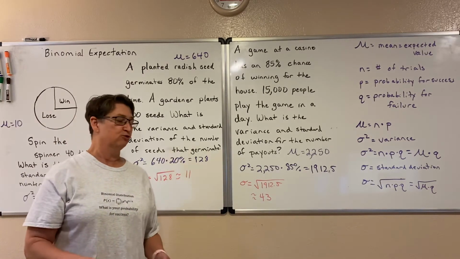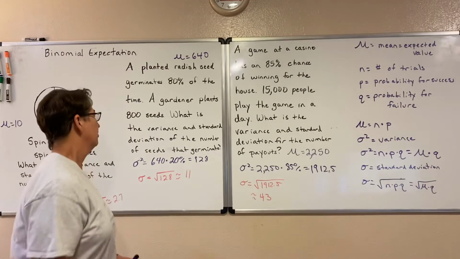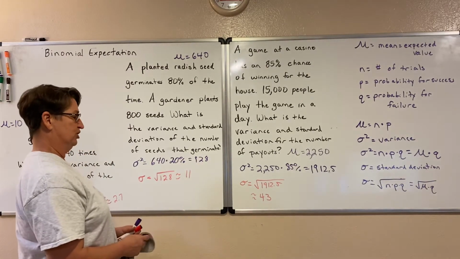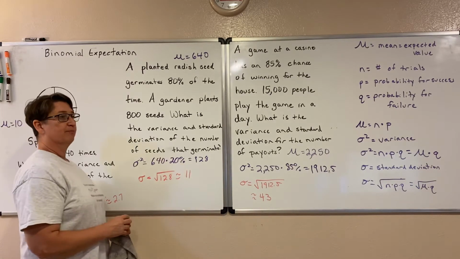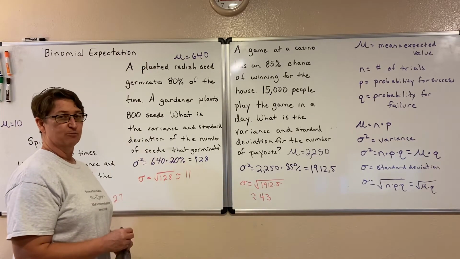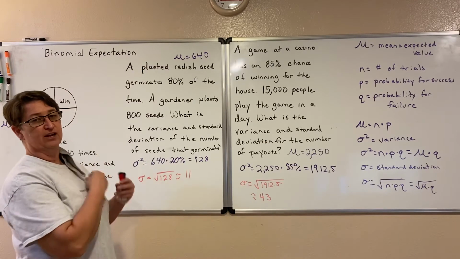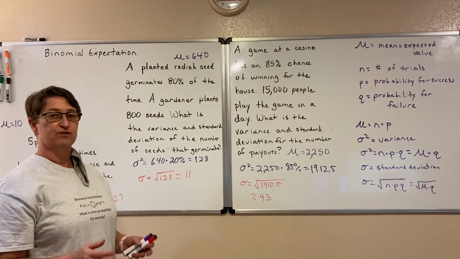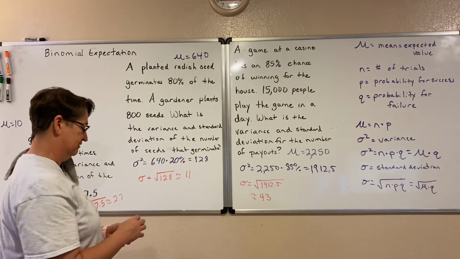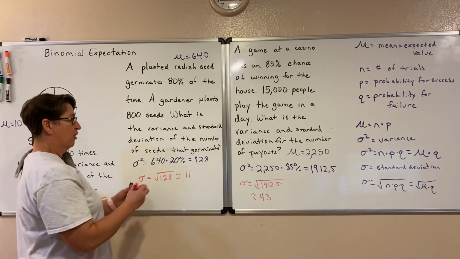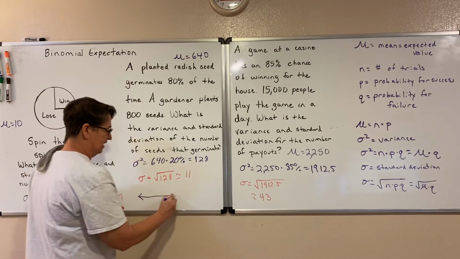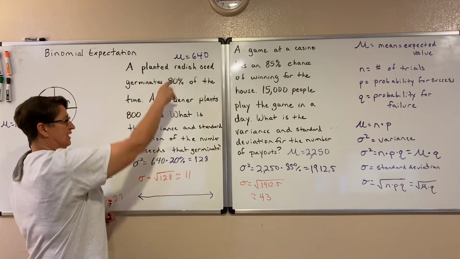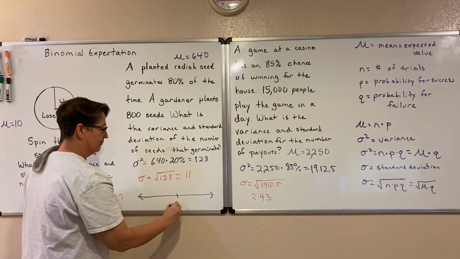Well, how can we use that? What's the point of that? Remember from Chebyshev's theorem that at least 75% of our data is going to fall within 2 standard deviations from the mean. So I can look at this and say, my mean is that 640.